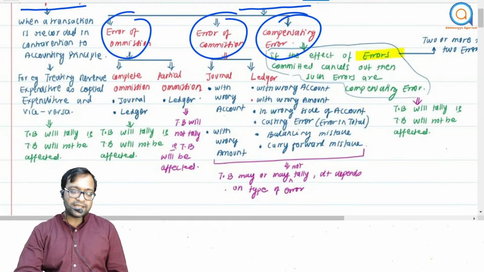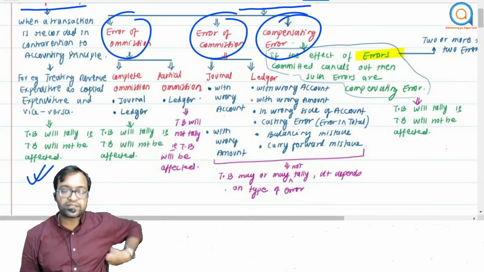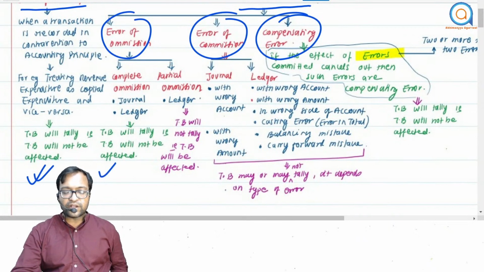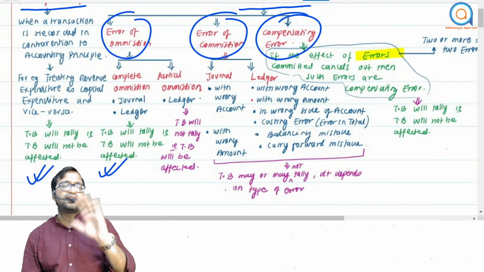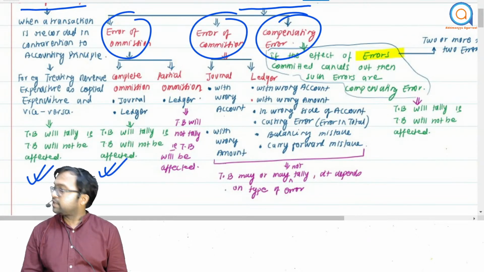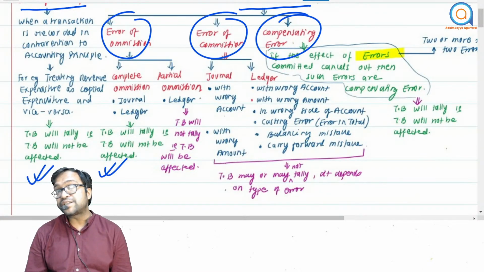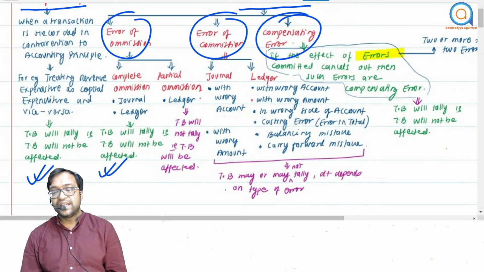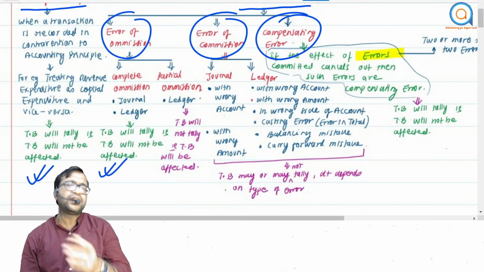Now if there is an error of principle, your trial balance will tally, trial balance will not be affected. If there is an error of complete omission, then also trial balance will tally. But if it is partial omission, then the trial balance will not tally. If it is error of commission, it depends on the type of mistake, your trial balance may tally or may not tally.